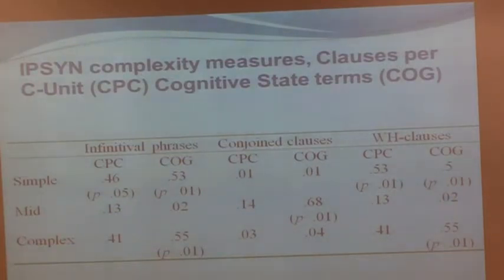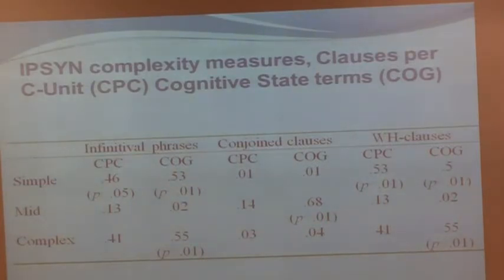We see that on the complex task, just looking at the bottom, so we're looking at the correlation of clauses per C unit, which are general, and cognitive state terms, which are specific, with the use of infinitival phrases. We see that on the simple task, there's a correlation of both with the use of infinitival phrases. And on the complex task, there's a correlation of only cognitive state terms with the use of infinitival phrases.